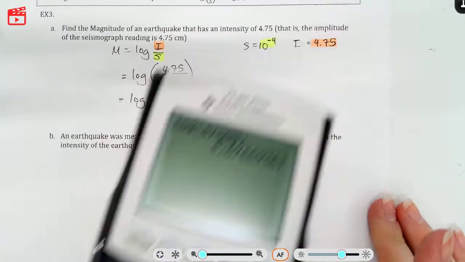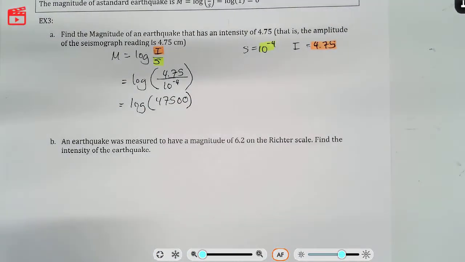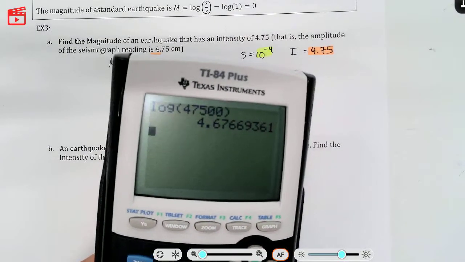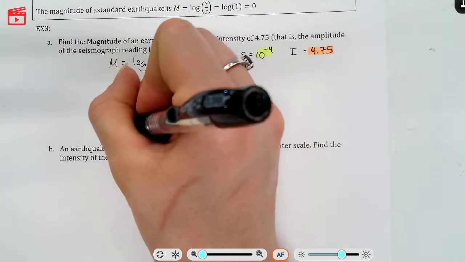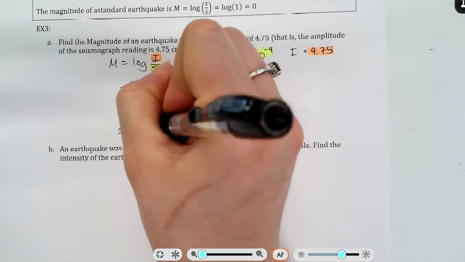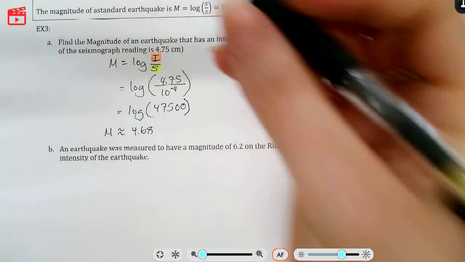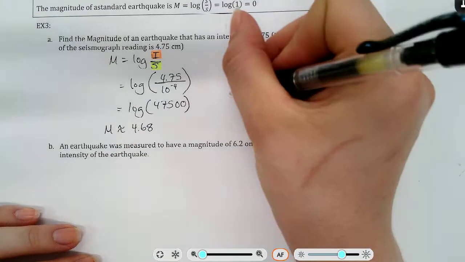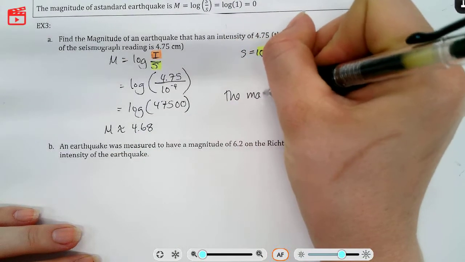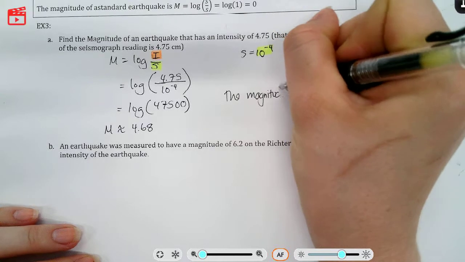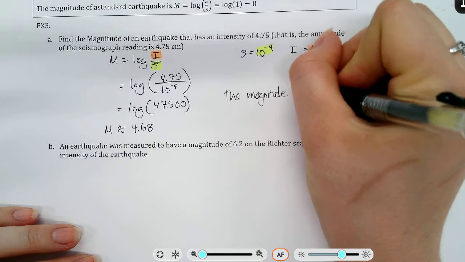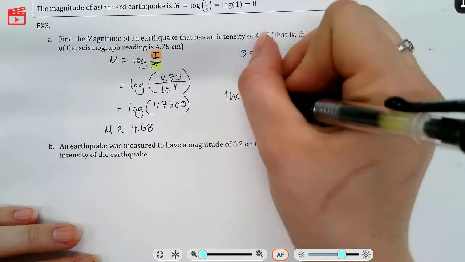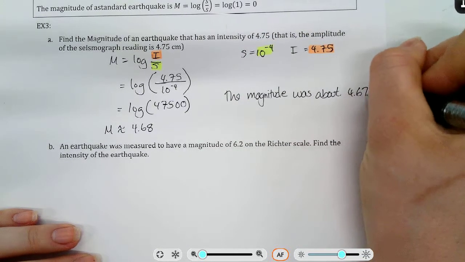We're not told how to round, so we'll just go with 4.68. Why not? If you're not told how to round, I just normally round to 2 decimal places. So the magnitude was about 4.67.